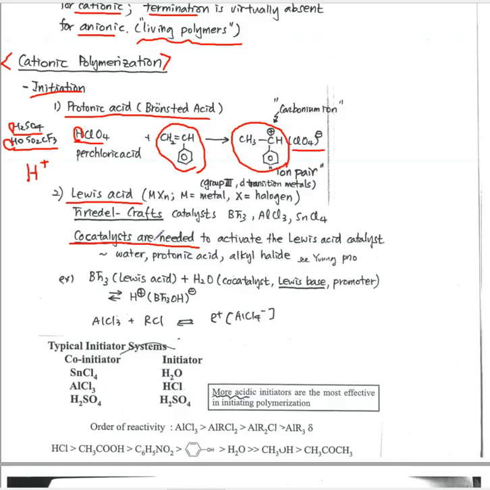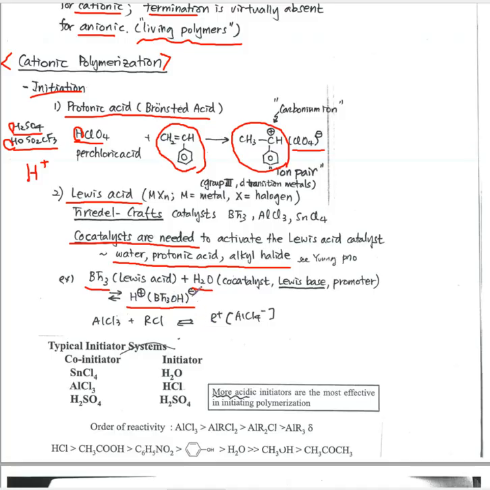For co-catalysts, compounds such as water, protonic acid, and alkyl halide are used. So let's see an example. The Lewis acid is BF3, and let's say that we use water as co-catalyst. If these two compounds react with each other, they form this compound, H plus BF3 OH minus.